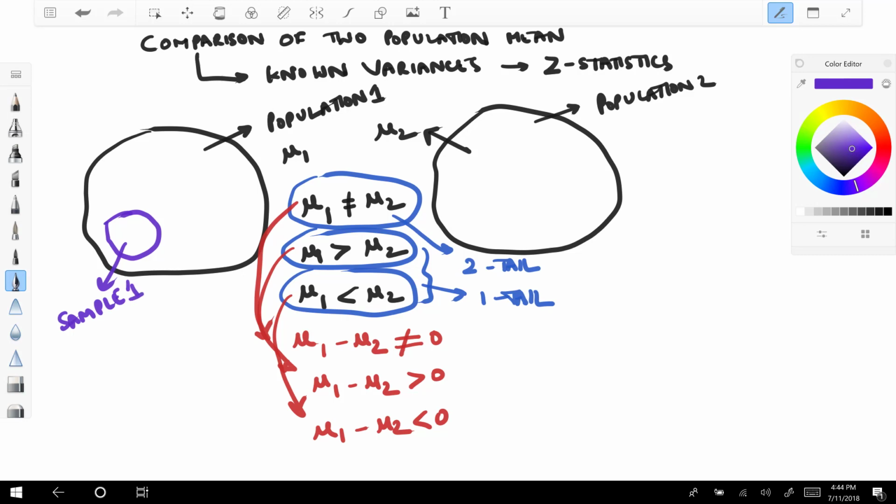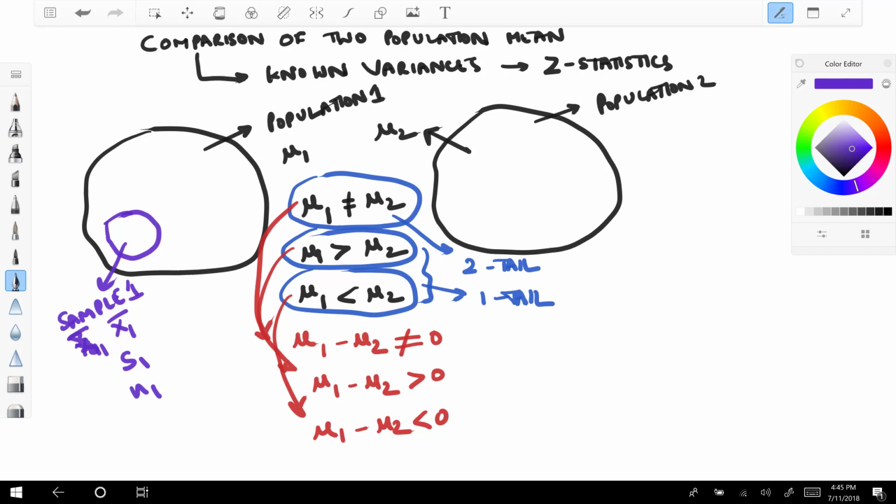The facts about the sample are represented by x1 bar, the mean of the sample, the standard deviation of the sample S1, and the sample size N1.